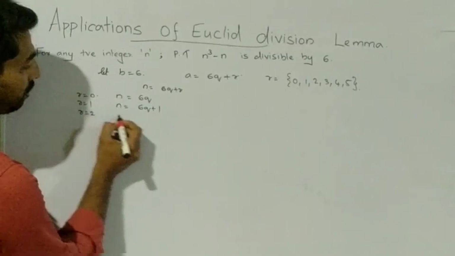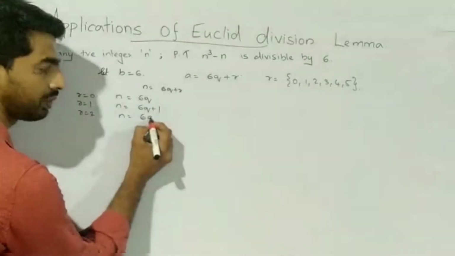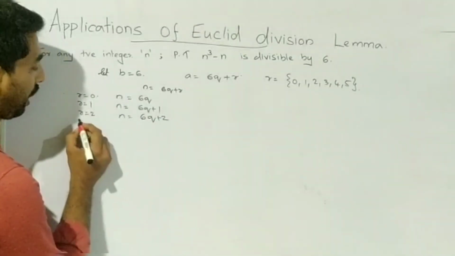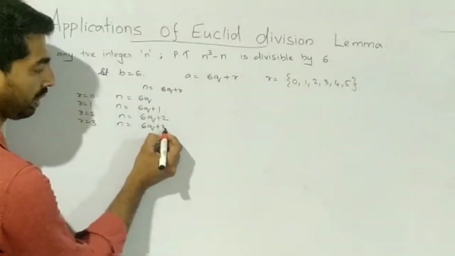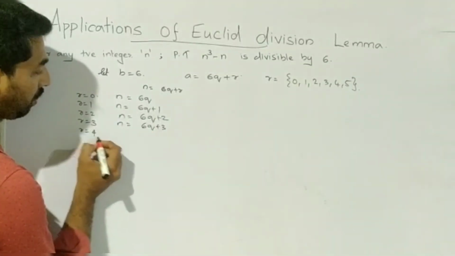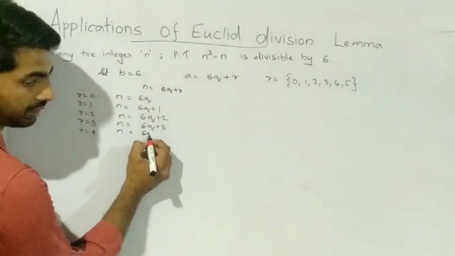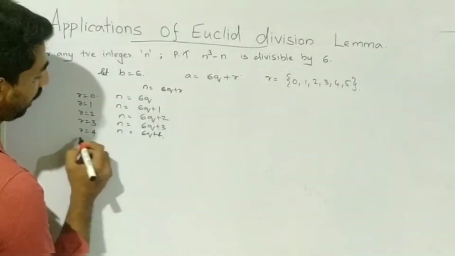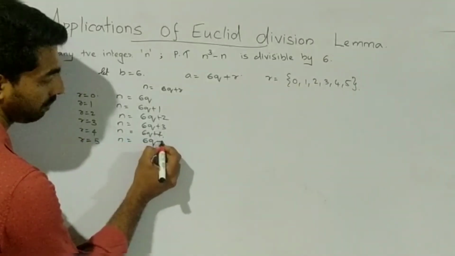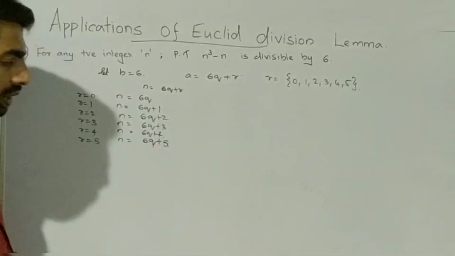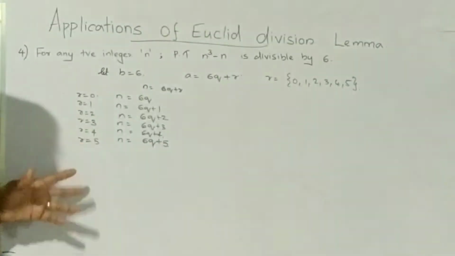And r is equal to 2, n is equal to 6q plus 2. r is equal to 3, n is equal to 6q plus 3. And r is equal to 4, n is equal to 6q plus 4. And r is equal to 5, n is equal to 6q plus 5. Okay, so these are the possible cases.